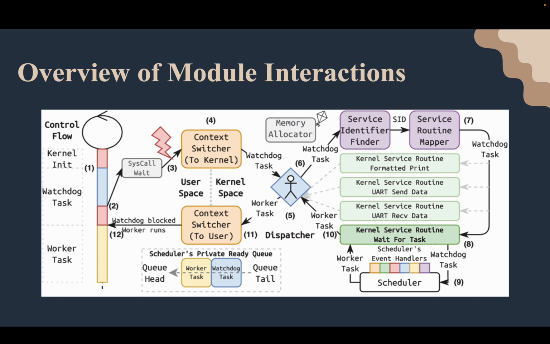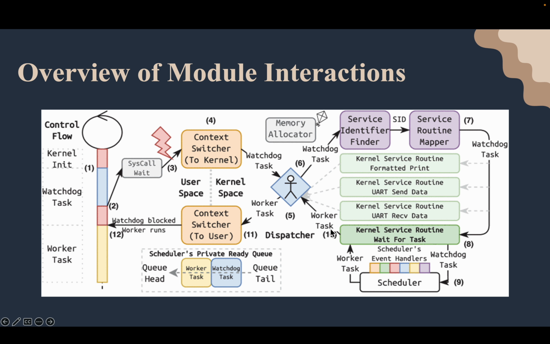The routine receives a reference to the watchdog task. 8. And finds that the task should be blocked, so it asks the scheduler to execute the worker task. 9. Which is then returned to the dispatcher. 10.